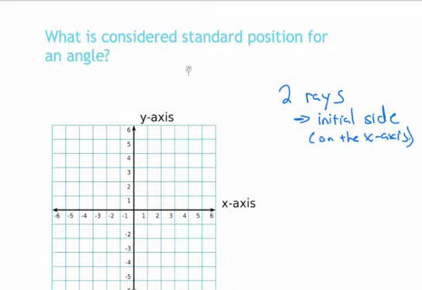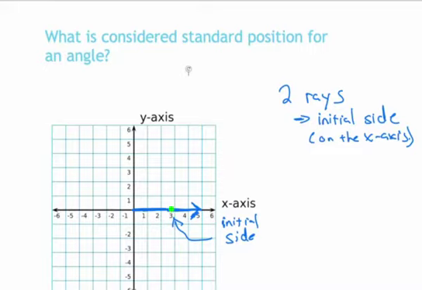So I'm going to go ahead and just draw that, and we're not really concerned at this point about the size. Okay, so here's my initial side, and then what we're going to do is turn in a counterclockwise direction until we have the angle that we want.